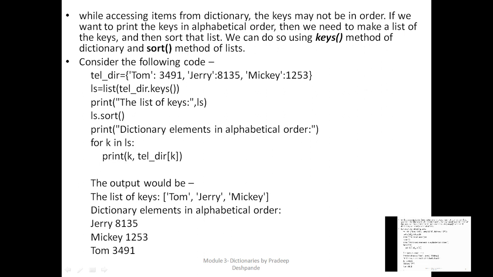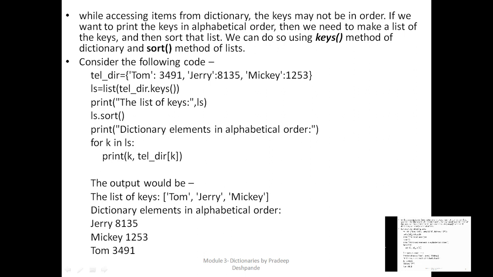For k in ls: print k comma telephone directory of k. A simple way. So k encounters each key in the list. This ls is a list, and in the list we have only keys.